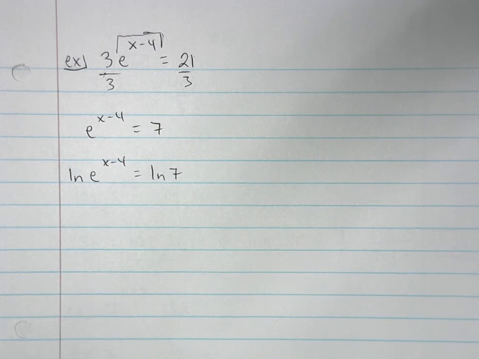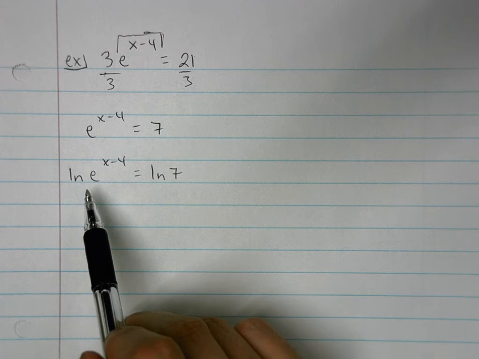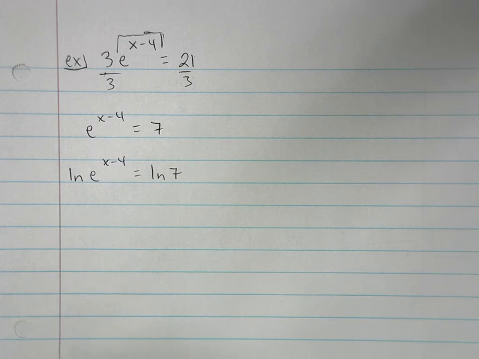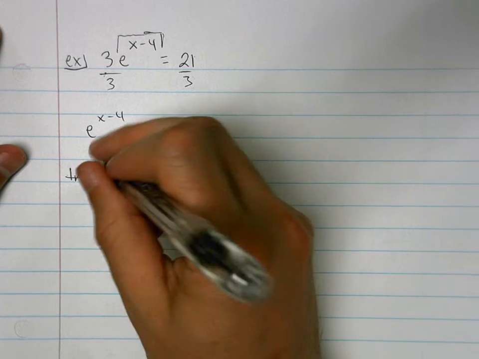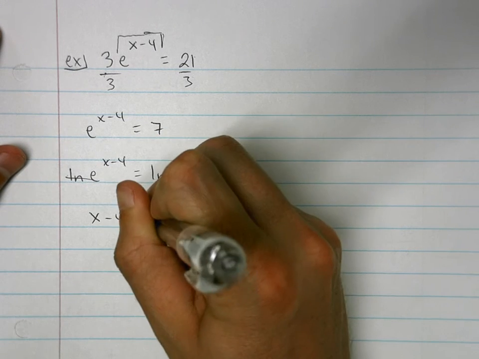Now, you could write base e if you want to. You don't have to. But if it makes you feel better, you could write this as a base e under here. Ln and e are inverses, so I'm left with x minus 4 equals ln of 7.